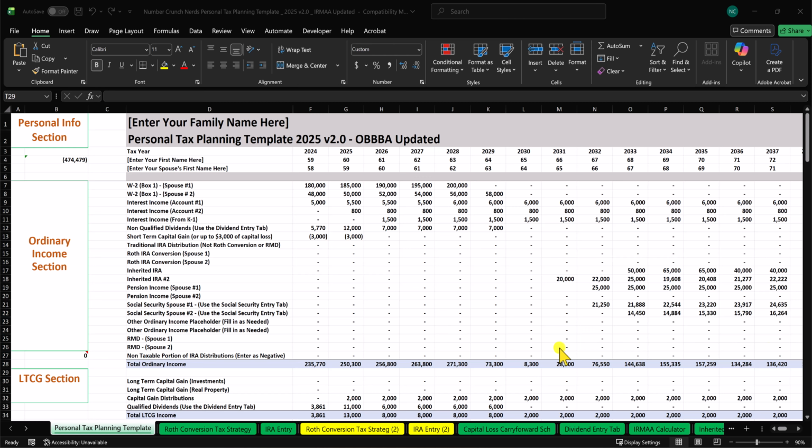And so getting some portion of that money taxed at the 24% rate in the married filing joint brackets during the early retirement drop could prove to be quite beneficial to your family, to the tune of tens of thousands of dollars or more. And that doesn't even consider the potential savings on IRMAA and widow's penalty, which we will be talking about in an upcoming video.